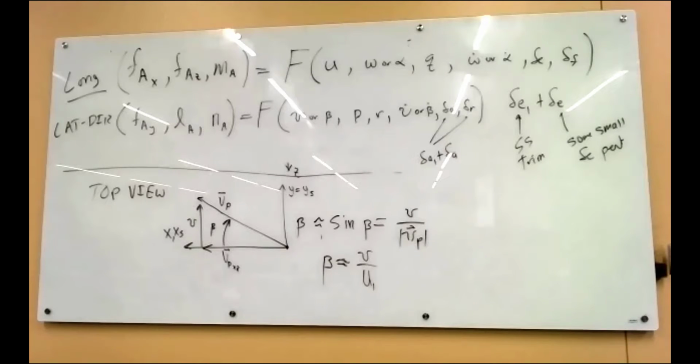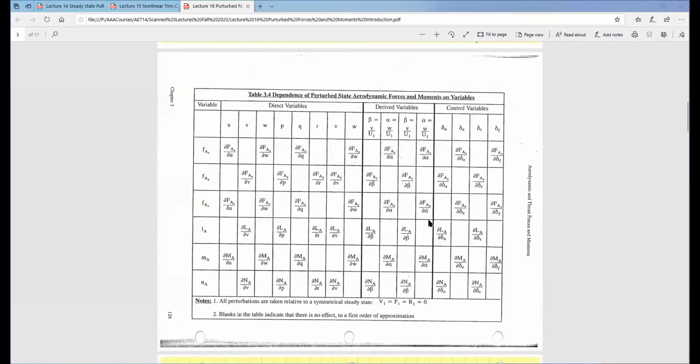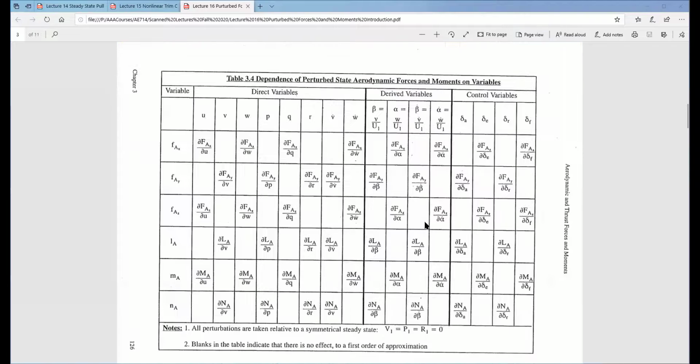Your book has a chart where he creates a matrix that shows all this. So I'll point you to that real quick. So this is on page 125. No, it's not. 126. And you read this just like any chart.